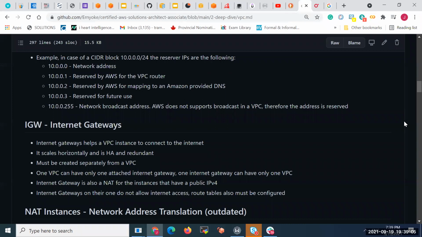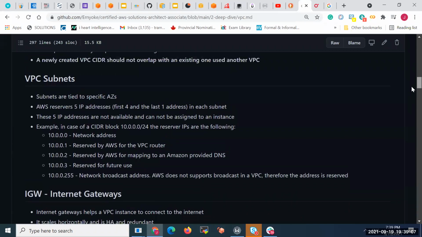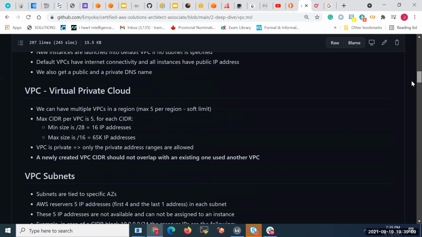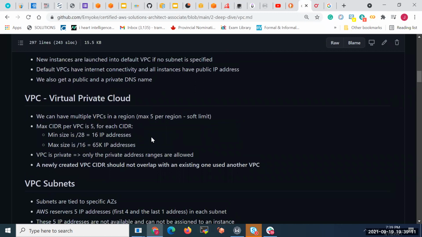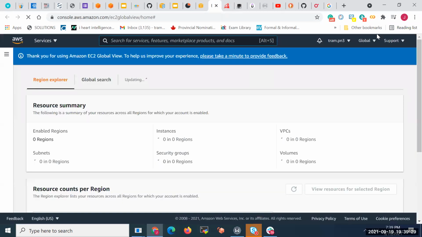And as you can see here, you can have multiple VPCs per region. A max of 5 VPCs per region is the soft limit, so you can request to increase it. And what does it mean by region? I'll show you on the console of my Amazon account. You can see here, I'm sitting at the global view, right?